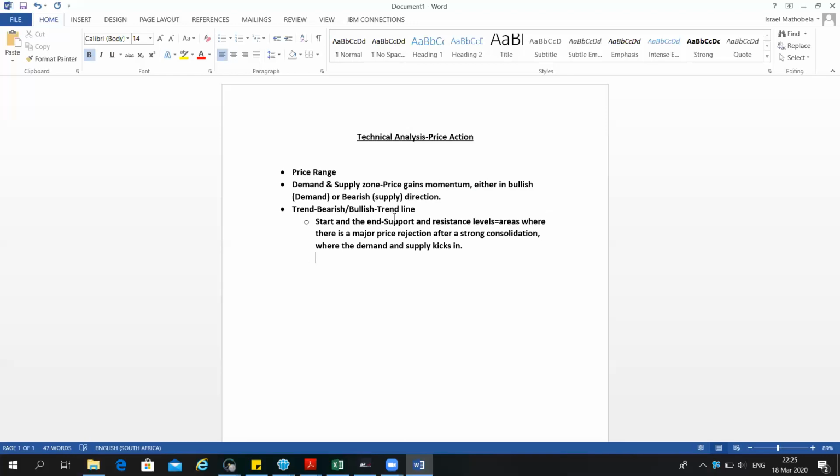You see, this one you can further figure out. Your areas of support and resistance, these two, you can further figure out by looking at the number of candlestick rejections, mostly in a higher time frame.